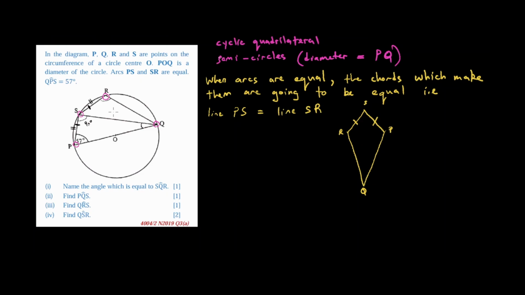And if we do that with my calculator, 180 subtract 57, we get 123 degrees. So here it's 123 degrees like that.